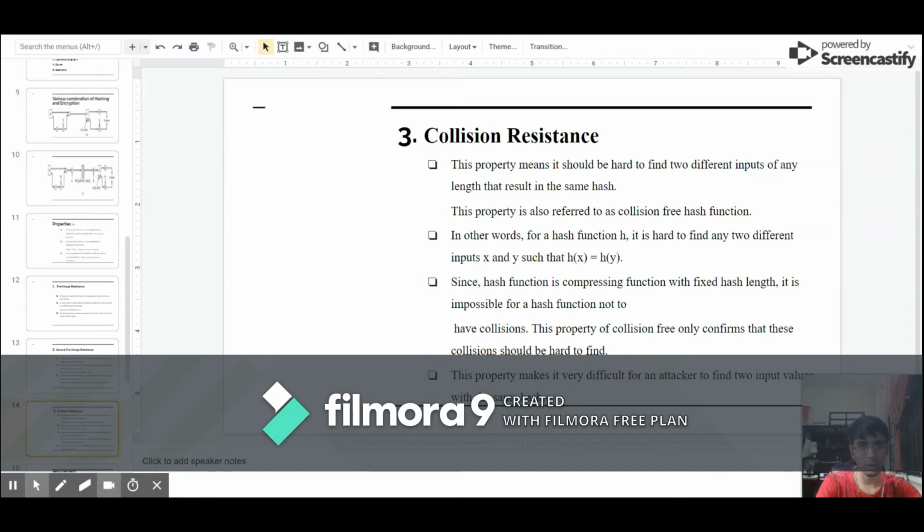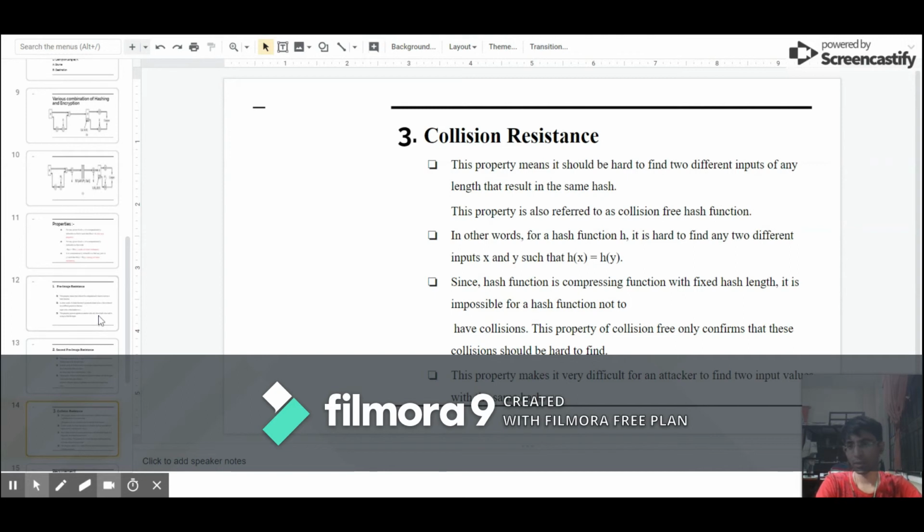Since a hash function is a compressing function with fixed hash length, it is impossible for a hash function not to have collisions. This property only confirms that the collision should be hard to find. This property makes it very difficult for an attacker to find two input values with the same hash value. So the collision resistance property tells that.